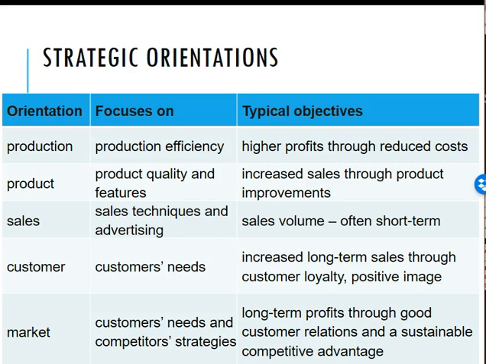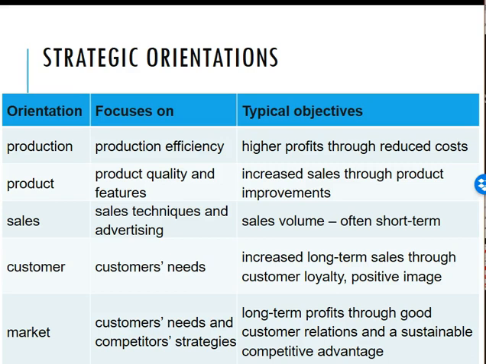So a sales orientation would be like the nomadic door-to-door salesperson who is going to knock on your door once, get you to buy the vacuum cleaner or the set of encyclopedias, and then leave and move on, and you never see them again.